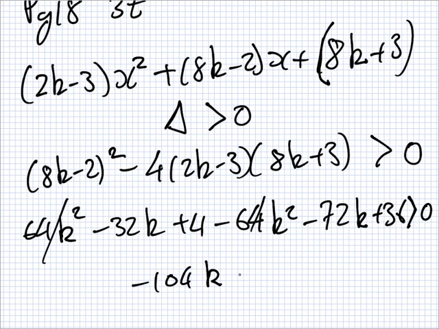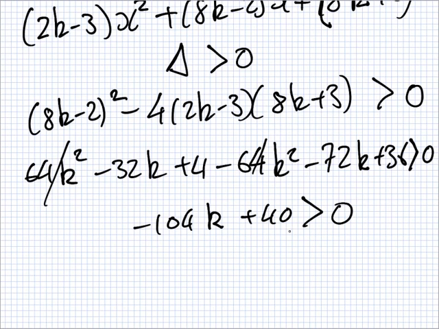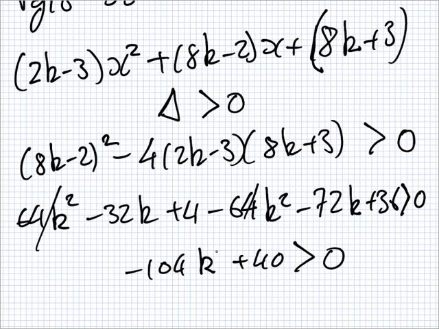No, something's gone a bit wrong, hasn't it? Is that right? Plus 40? Okay. Should be bigger than or equal to 0. Is my answer a fraction? No, it's not. I've done something wrong here. One of my numbers is wrong. Which one? 64, 4, 16, 32, plus 4 is right. 2 times 8 is 16. 16 times 4 is 64 with a minus. 6 minus 24 is minus 18, isn't it?